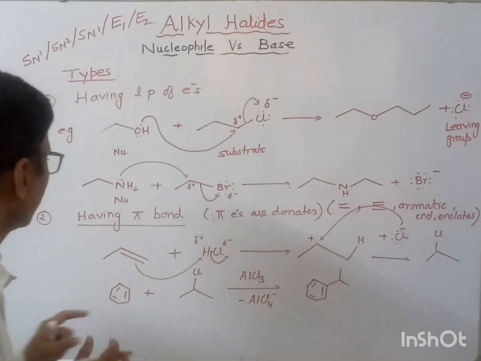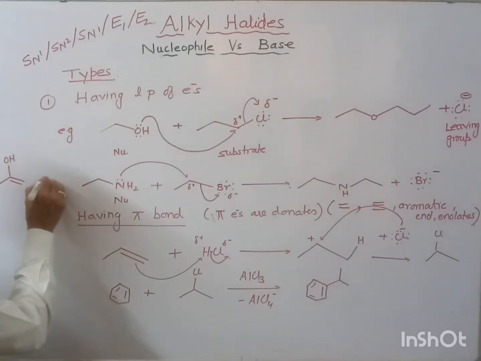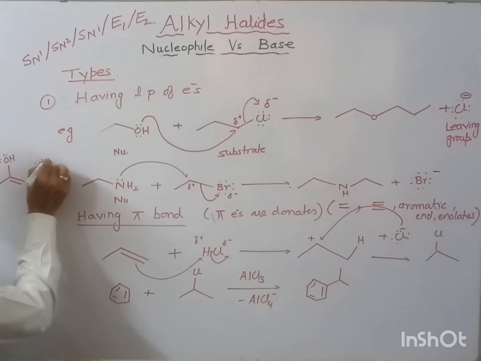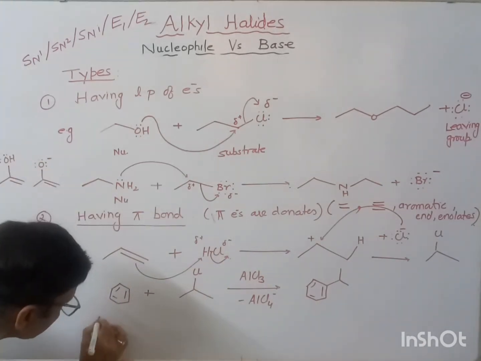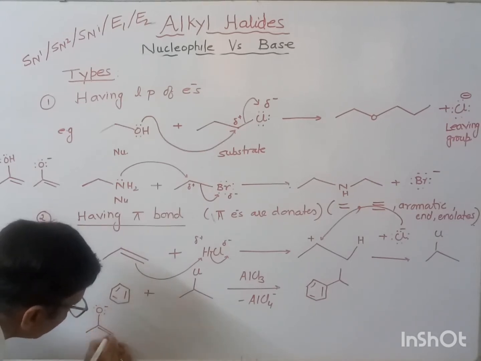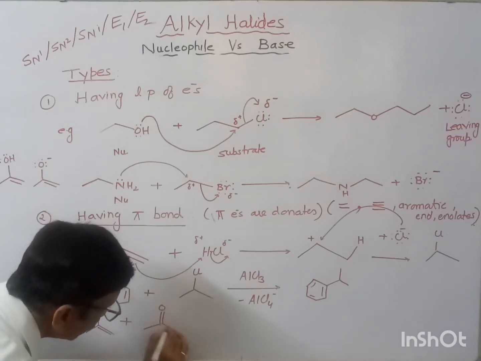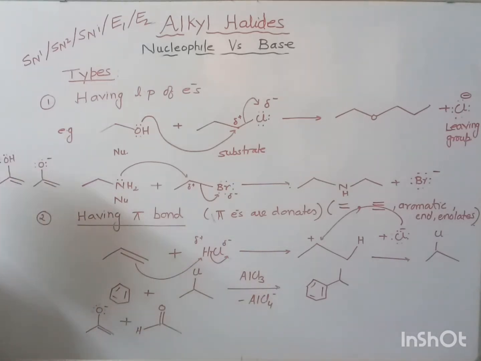Similarly, aromatics, pi bonds or enolates can also act as a nucleophile. We know that this is the enol, and this is our enolate ion. The enolate ion may attack some electrophilic center, and suppose it is acetaldehyde.